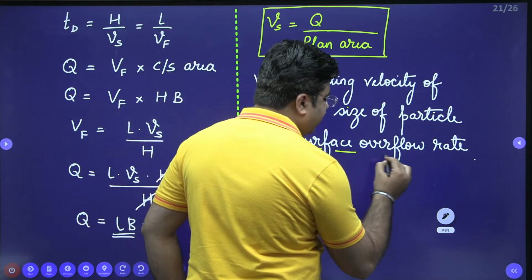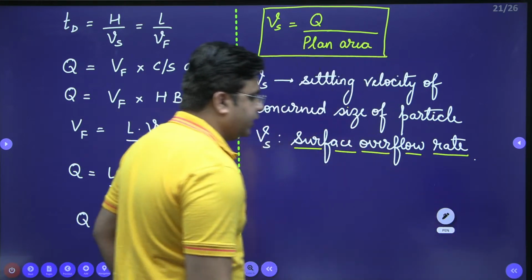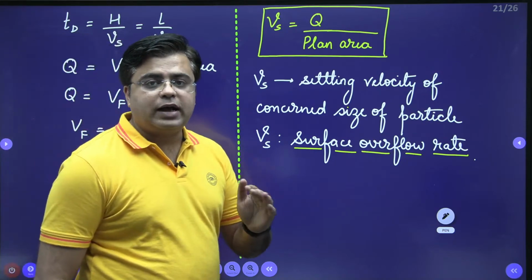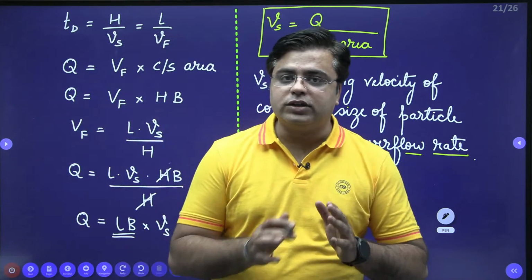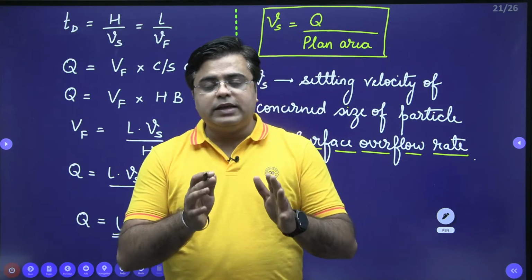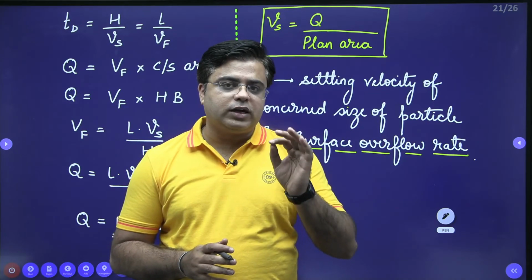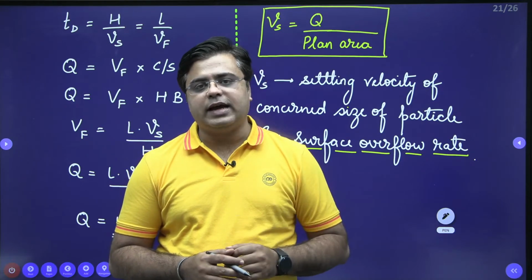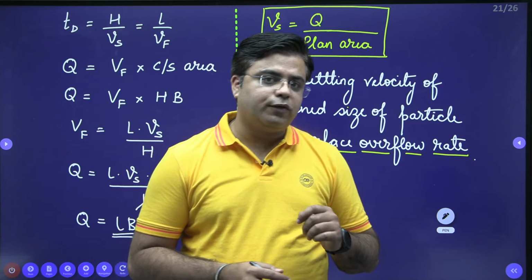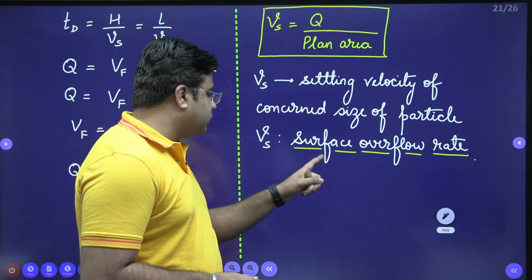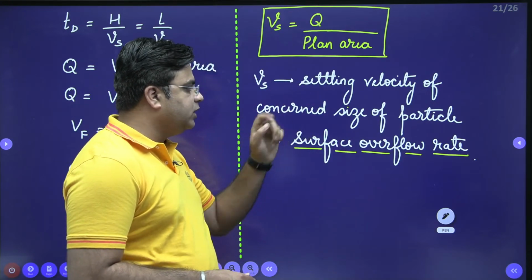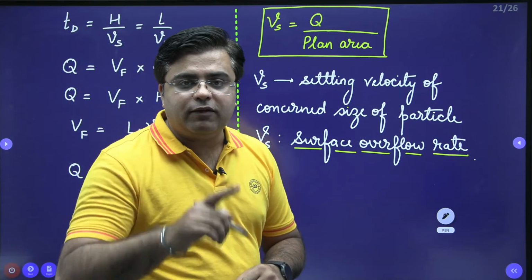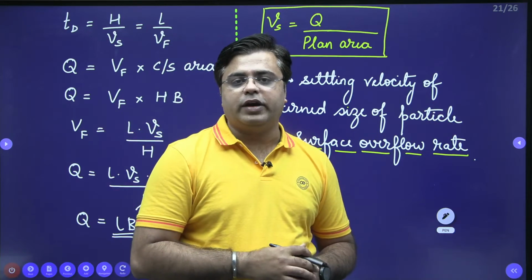Only the settling velocity of the concerned size of the particle for which we have designed the tank is known as surface overflow rate. So what is surface overflow rate? It is the settling velocity of the concerned size of the particle for which we have designed the tank. For every tank, there will be only one surface overflow rate.